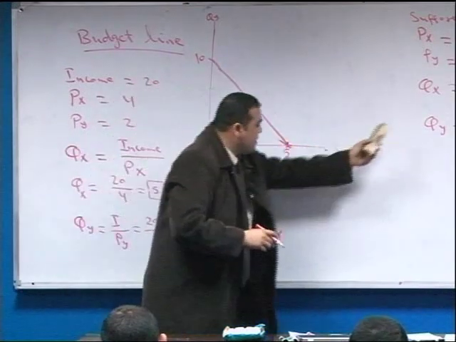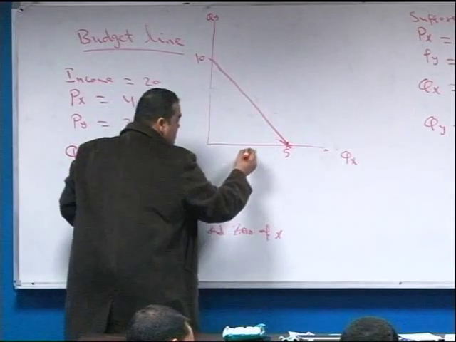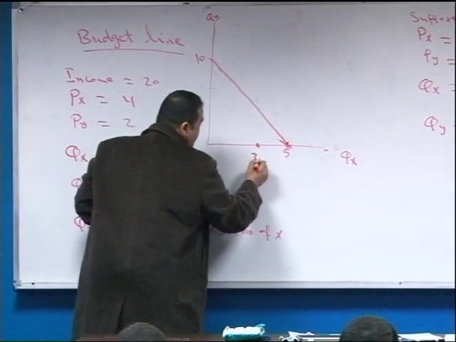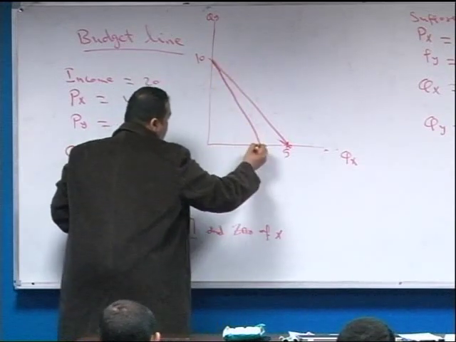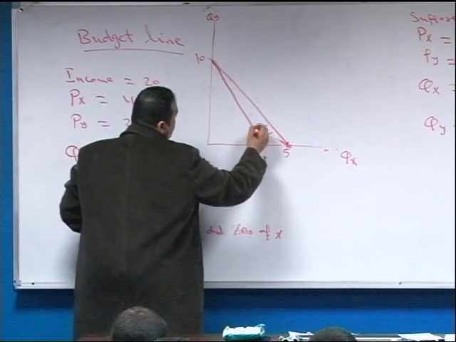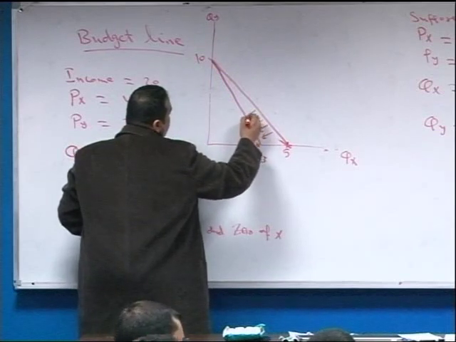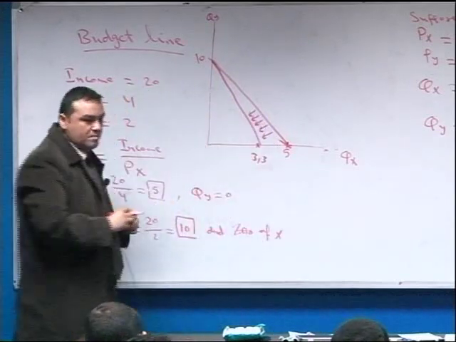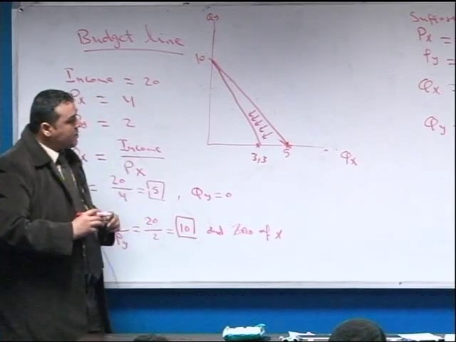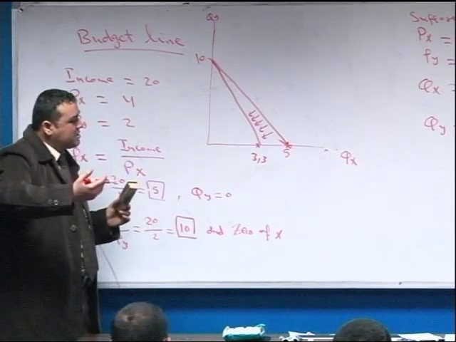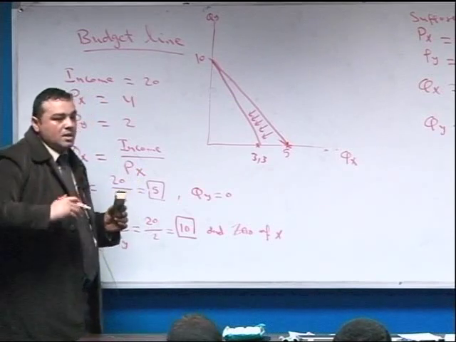In this case, the quantity of x declined to 3.3 and the quantity of y remains constant. The slope increased, right? Okay.